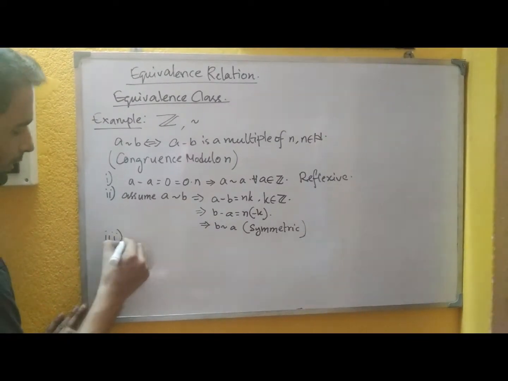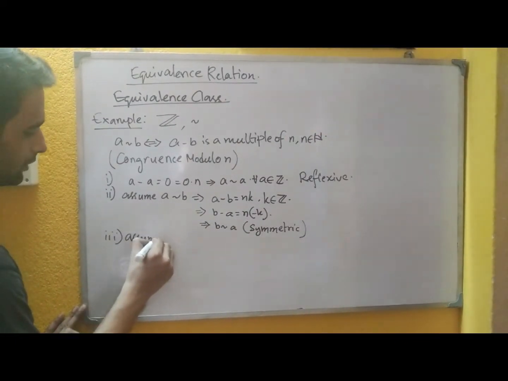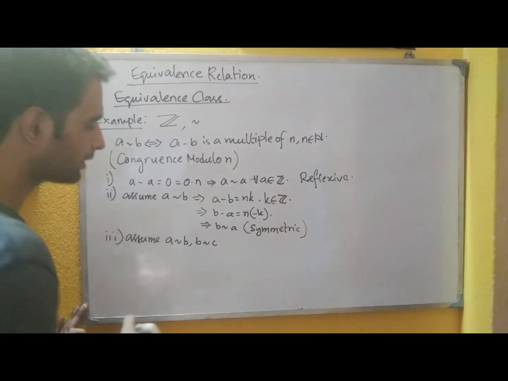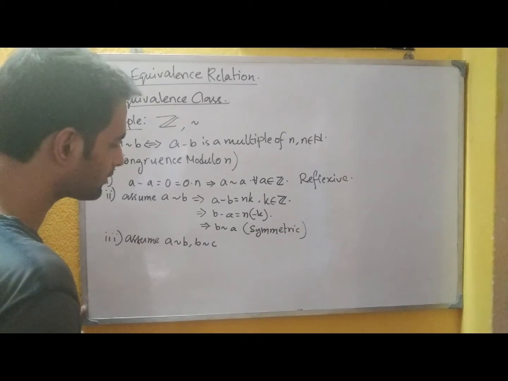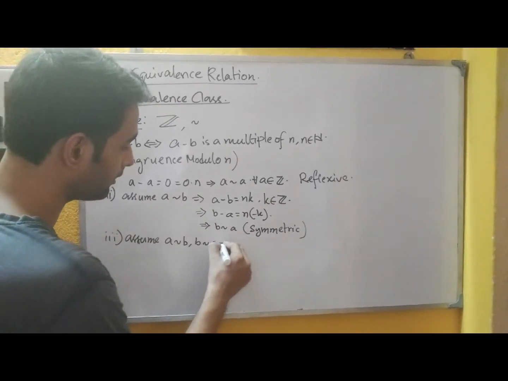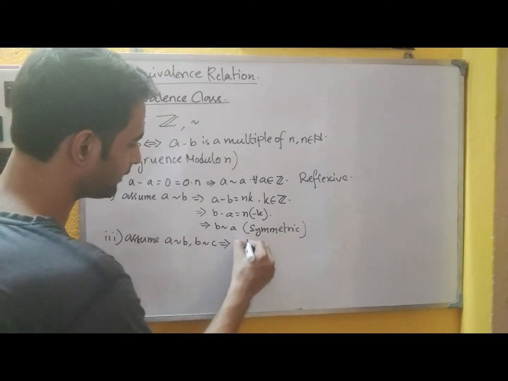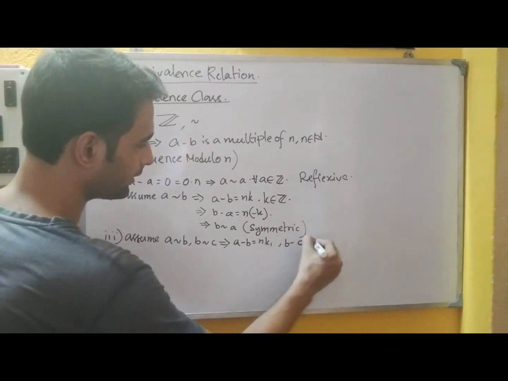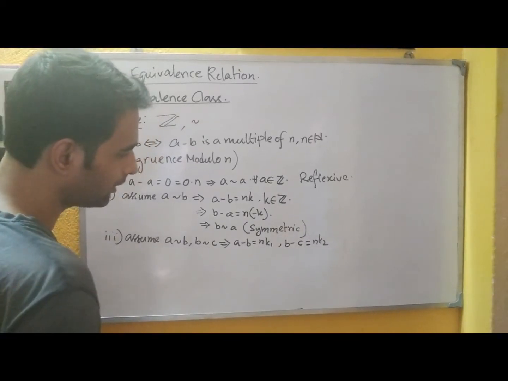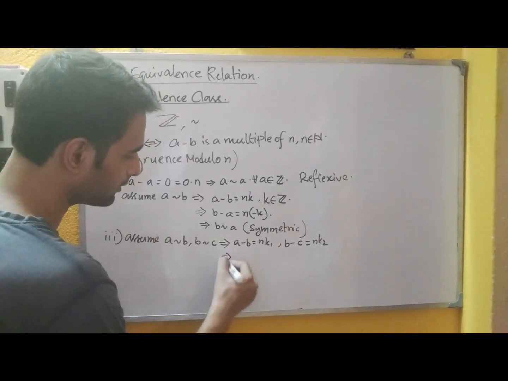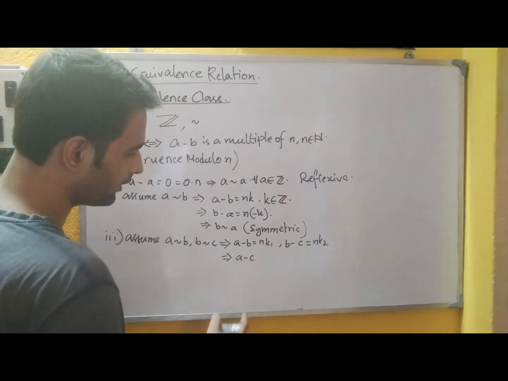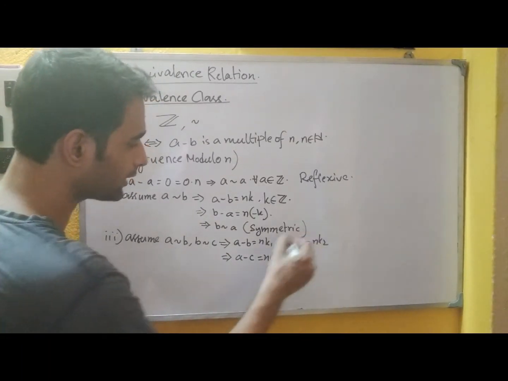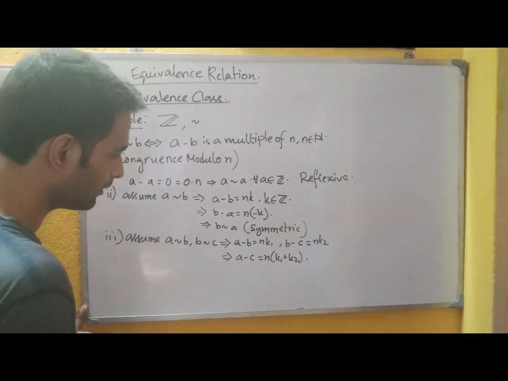Number three, here we assume that a tilde b and b tilde c for some integers a, b, c from the set Z, and this implies that a minus b is a multiple of n, and also b minus c is a multiple of n. So if you add these two relations, then we can see that a minus c will also be a multiple of n, where the constant is k1 plus k2.